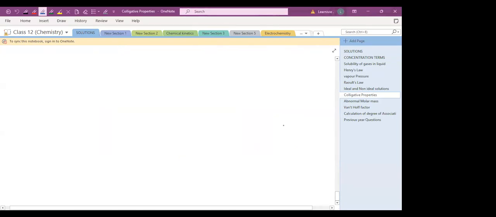So, depression in freezing point. Just write down the heading first. First, let's see what freezing point is. Do you know what freezing point is? Anyone, can you tell me?